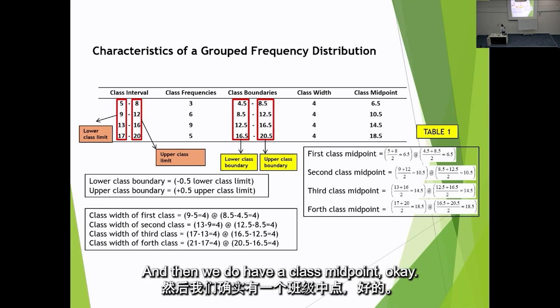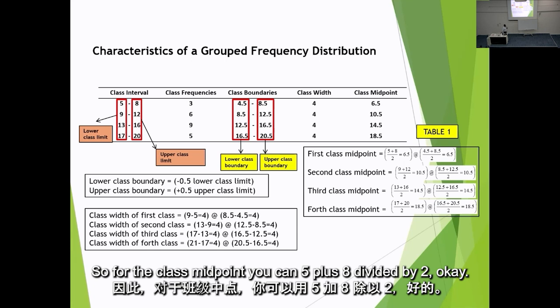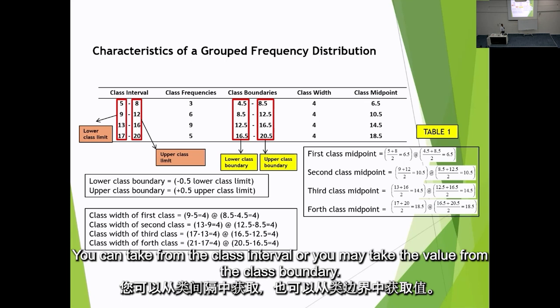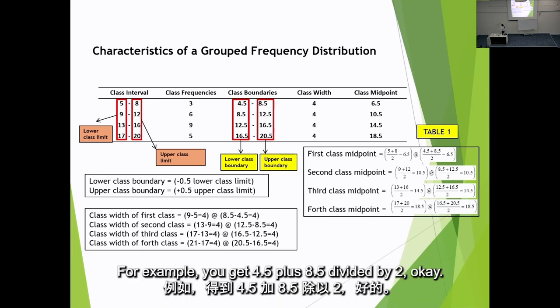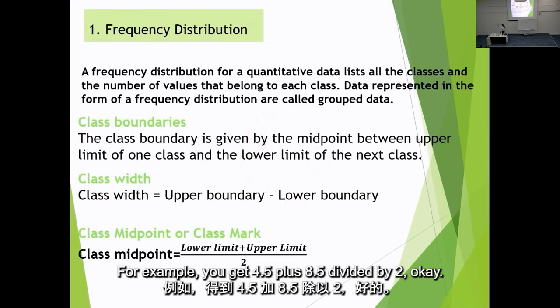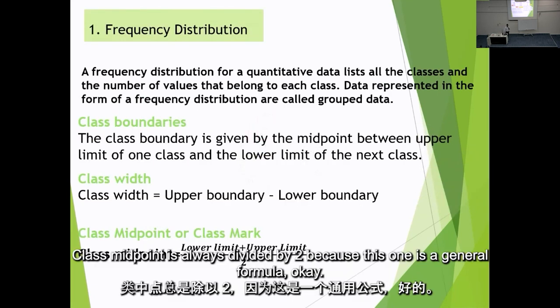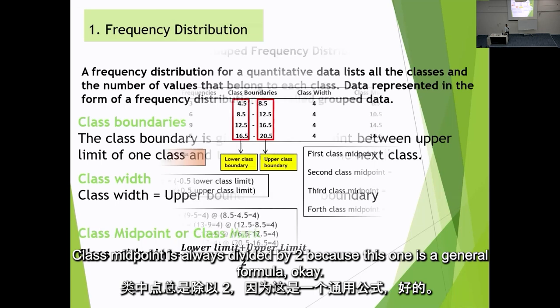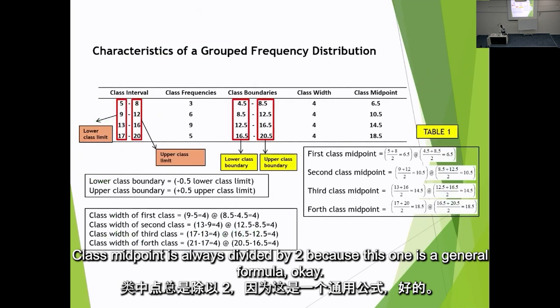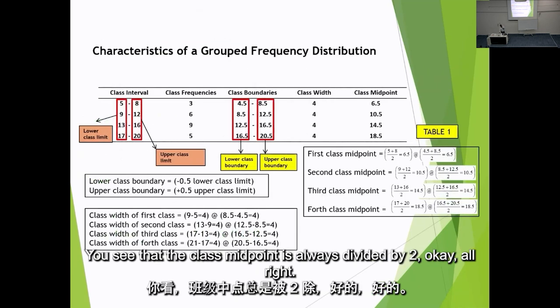Then we have a class midpoint. For the class midpoint, you can take 5 plus 8 divided by 2 from the class interval, or you may take the values from the class boundary, for example 4.5 plus 8.5 divided by 2. The class midpoint is always divided by 2 because this is the general formula.